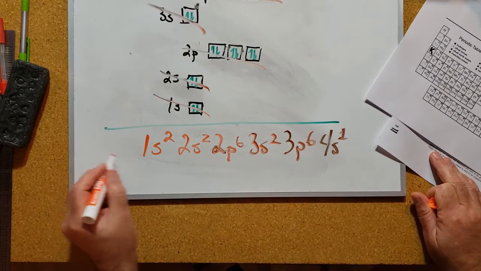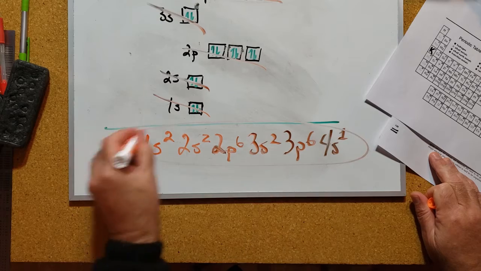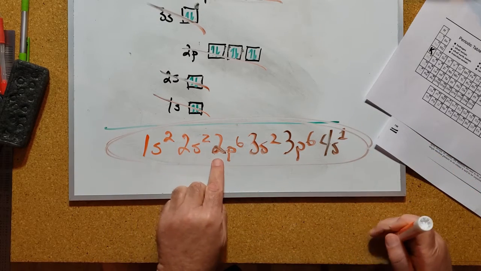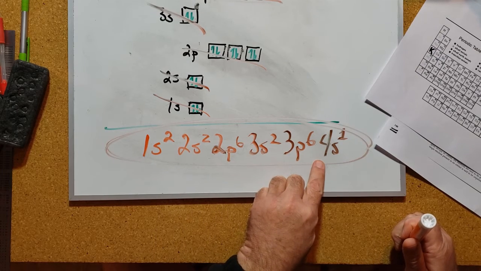So there we go, that's potassium right there. The electron configuration notation for potassium is 1s2, 2s2, 2p6, 3s2, 3p6, 4s1.